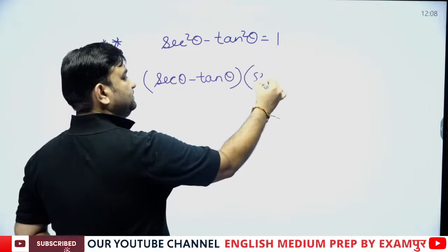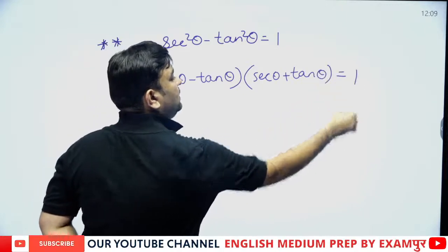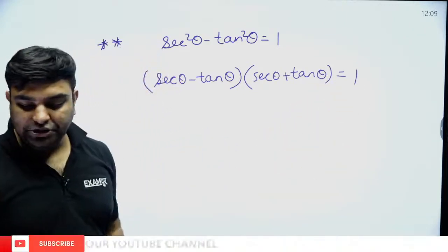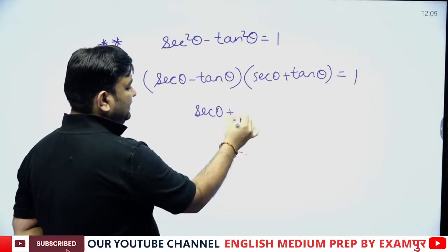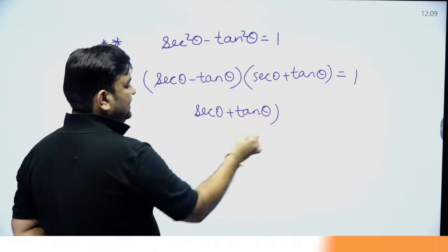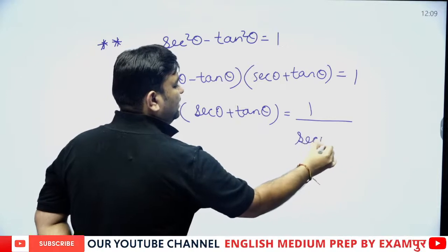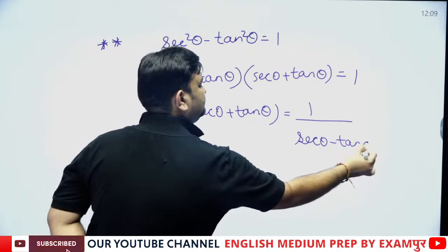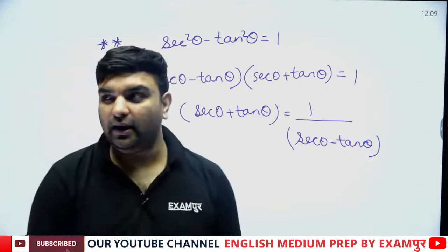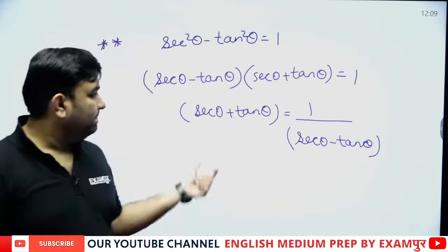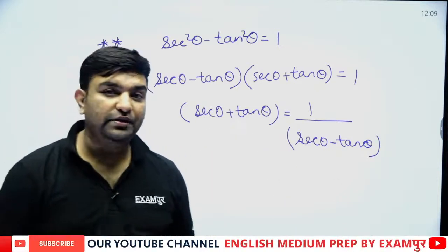So, now, what is the relation coming out of here? The relation coming out of here is that sec theta plus tan theta and sec theta minus tan theta are inverse of each other.